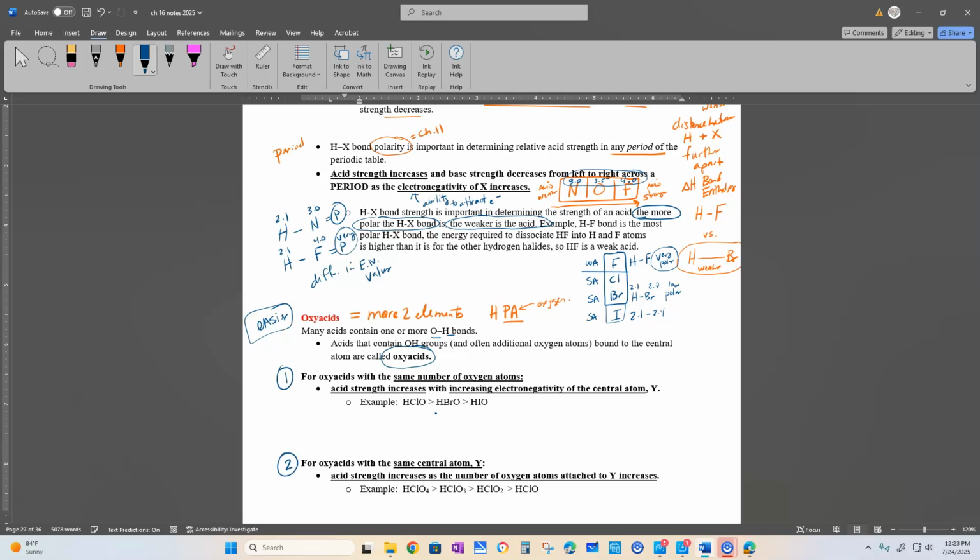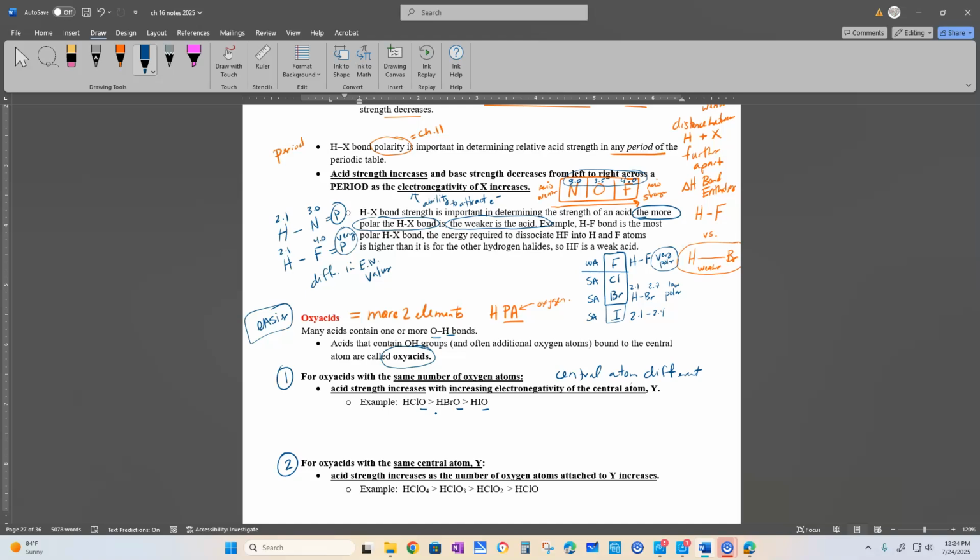Very, very easy. For oxyacids with the same number of oxygens, notice right here I picked three random ones, and they all have one oxygen, but the central atom is different. So if the central atom is different, what's the strength?